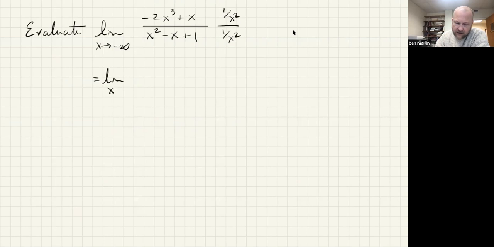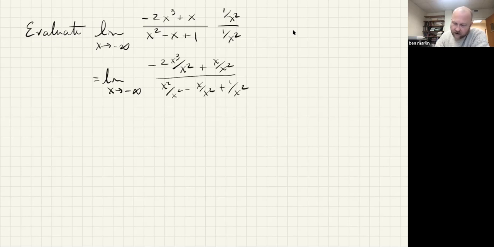So this becomes a limit as x goes to minus infinity of minus 2x cubed over x squared plus x over x squared divided by x squared over x squared minus x over x squared plus 1 over x squared. And that simplifies to minus 2x plus 1 over x, divided by 1 minus 1 over x plus 1 over x squared, okay?